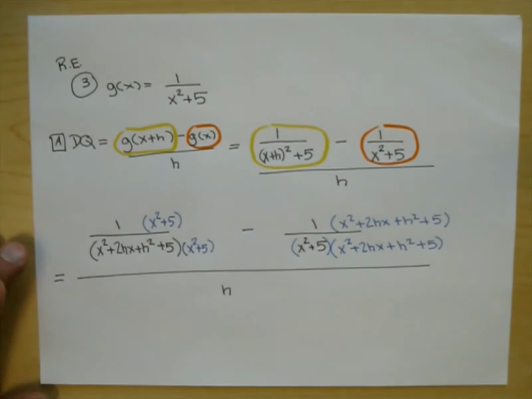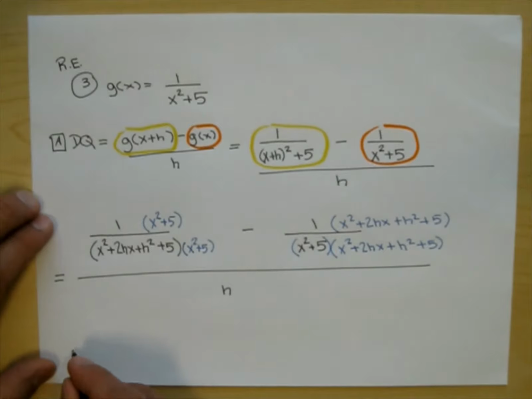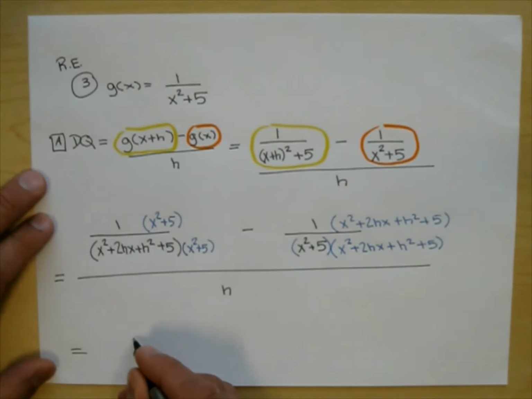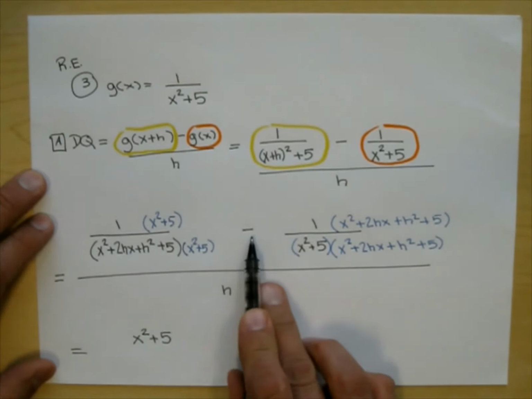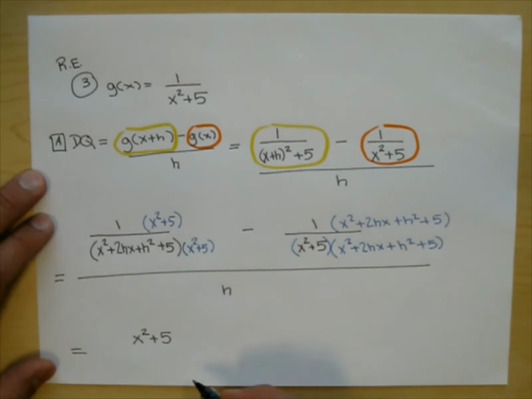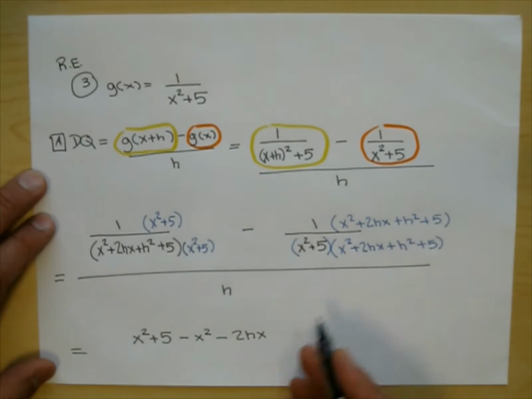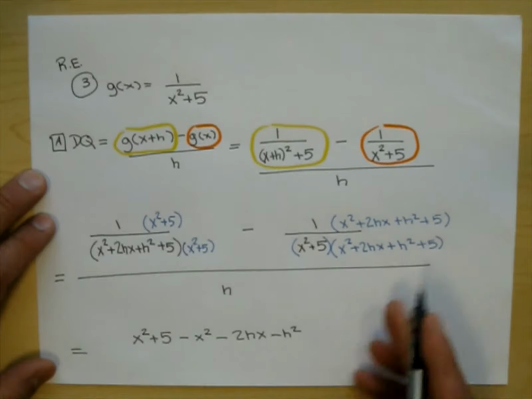Okay, so now what I'm going to do is go 1 times that. So the top of the top fraction is x squared plus 5. Then I'm going to distribute that negative sign to all 4 of those terms. So I have minus x squared minus 2hx. You see, I'm just looking at these right here, and then minus h squared, and then minus 5.